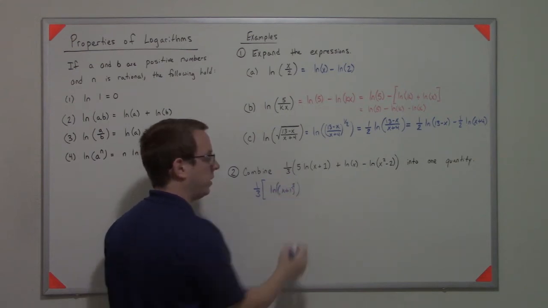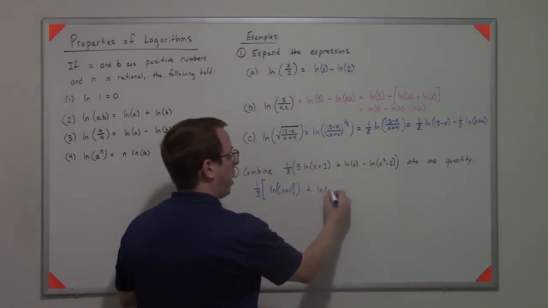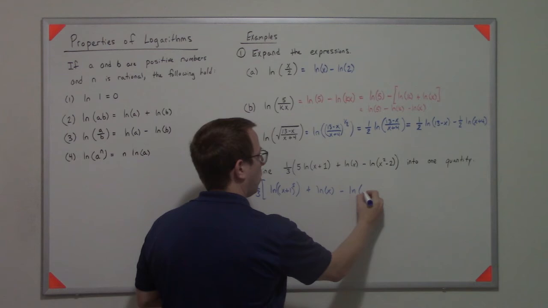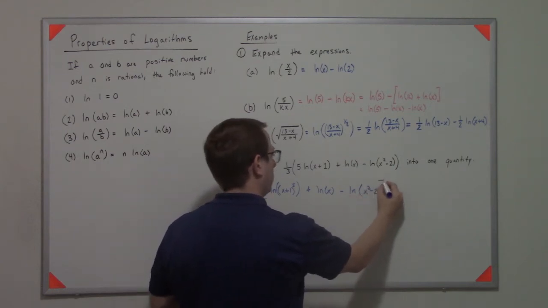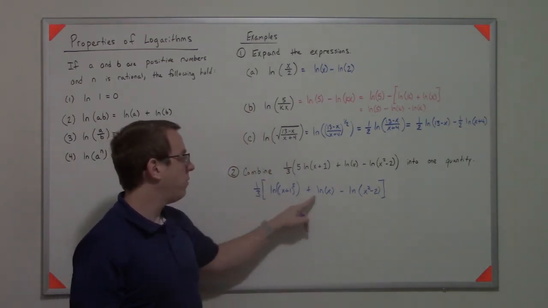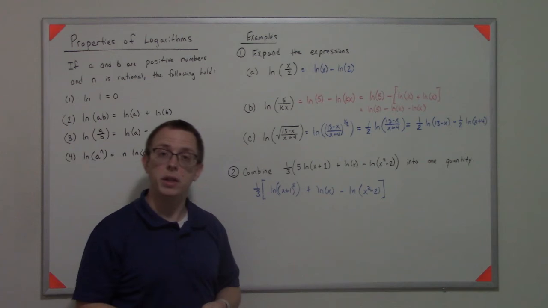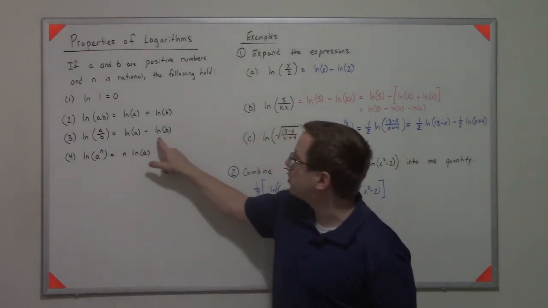I kind of write it like that to make it less ambiguous. Plus natural log of x minus the natural log of x squared minus 2. Okay, so now they all have the same coefficient in front. That's helpful because then we can apply the inverse of this rule.